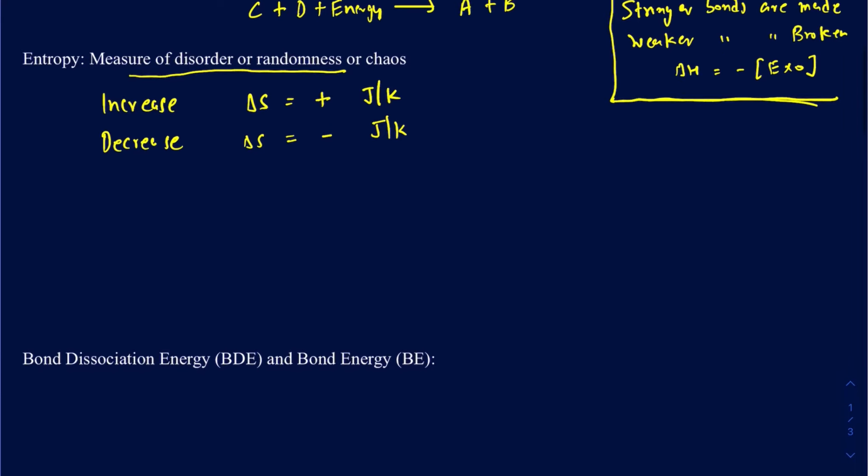Let me take a few examples to kind of clarify things. Suppose I have H2O solid, which means I got the ice, and this ice is being converted into the liquid water, so H2O liquid. So who is going to be more chaotic, the solid or the liquid? Well, typically your liquid can move around easier than your solid.